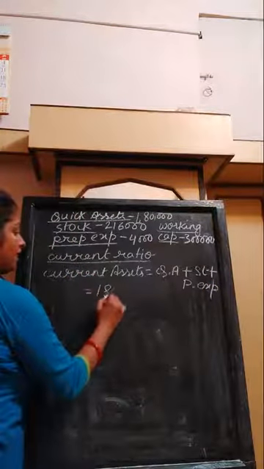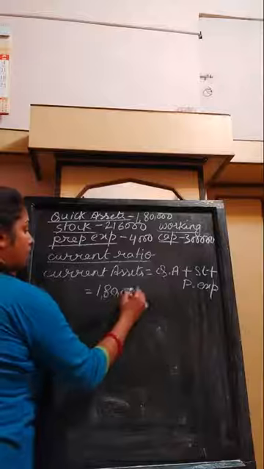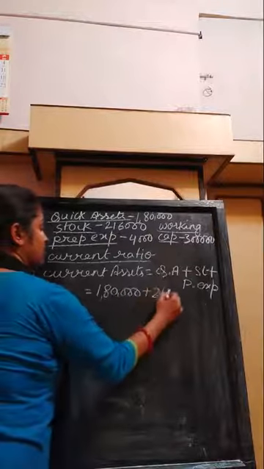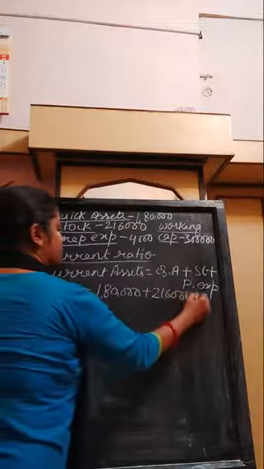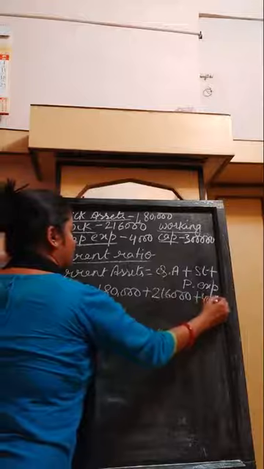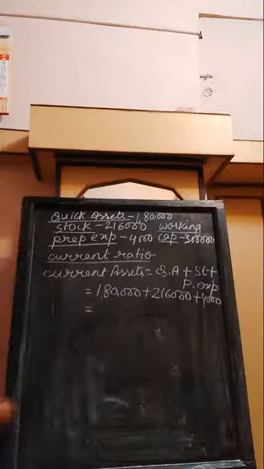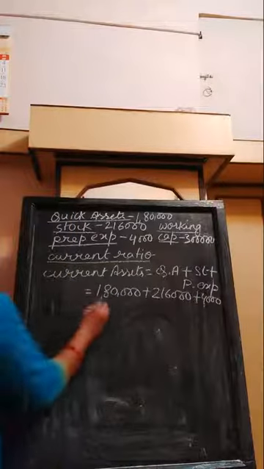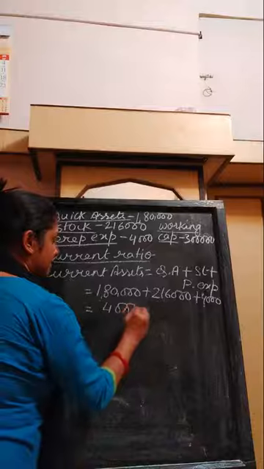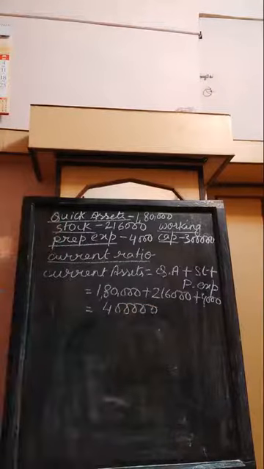That is 1,80,000 plus 2,16,000 plus 4,000. These three you will add and you will get rupees 4 lakh as the current asset. So 4 lakh is the current asset.